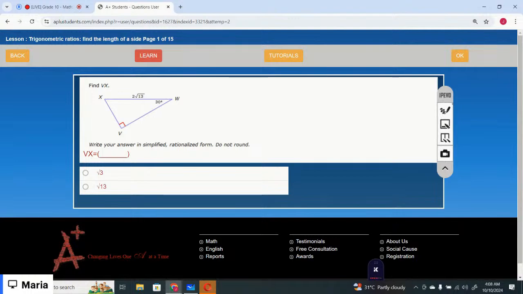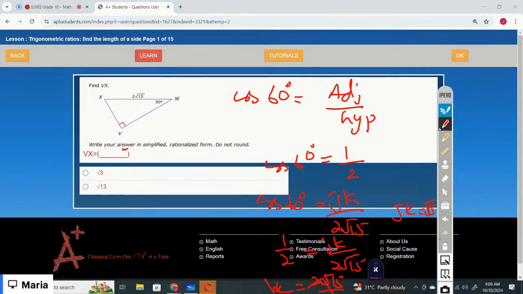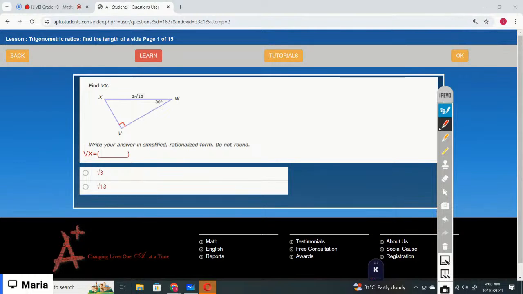You have to compare this triangle to the 30, 60, 90 triangle, the special triangle.